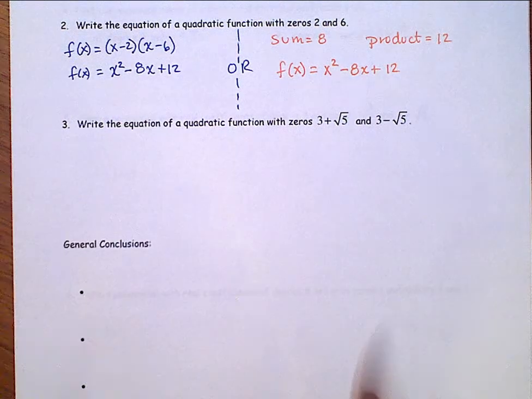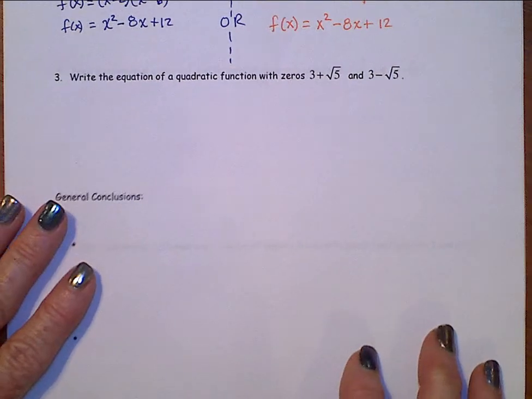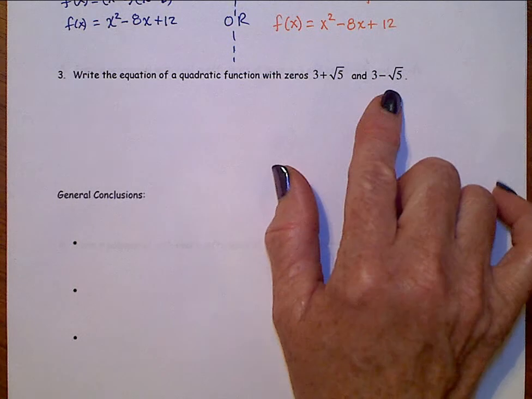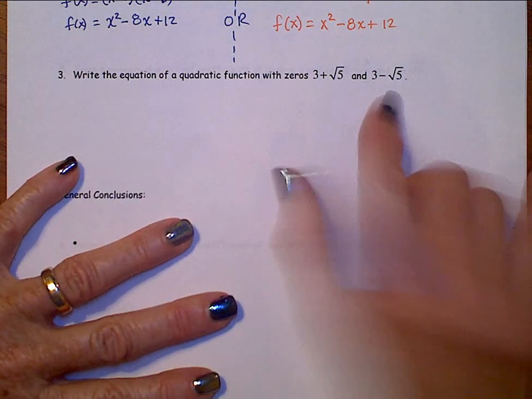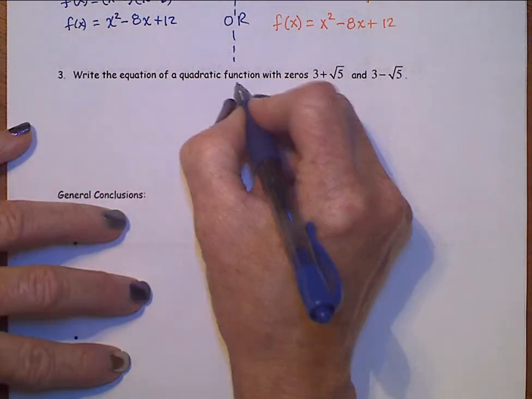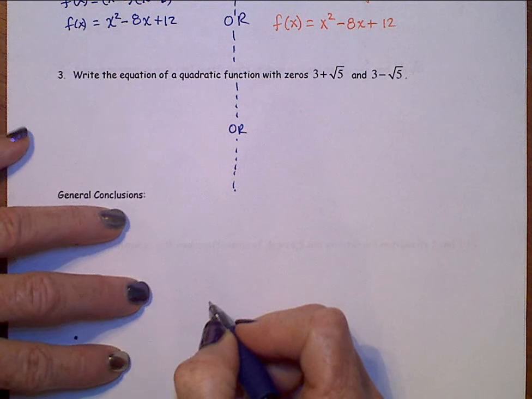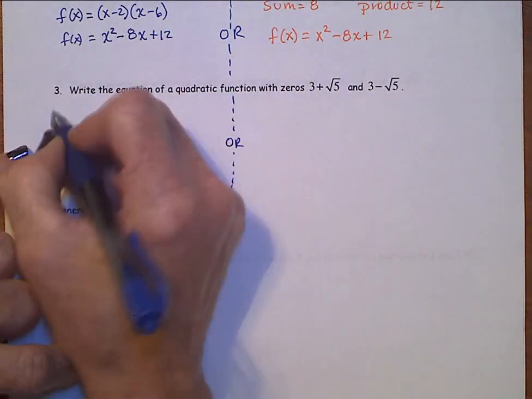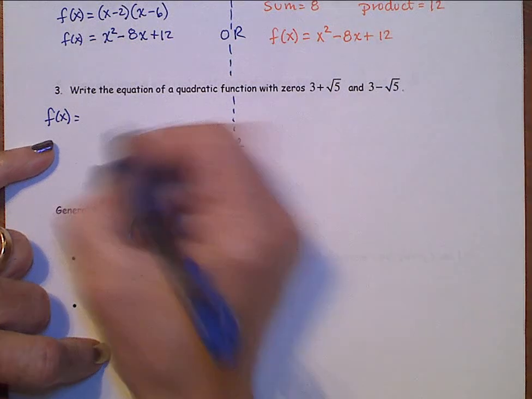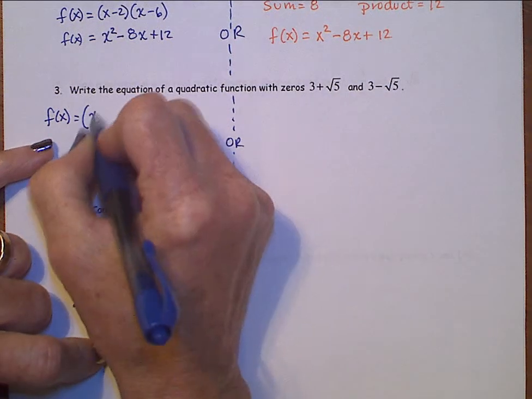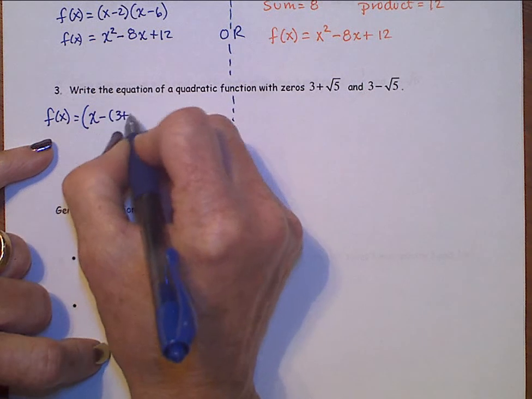Look at this next one though. I want you to write the equation of a quadratic function with zeros 3 plus the square root of 5 and 3 minus the square root of 5. So if we look at these 2 ways again and look at the difference between them, the first way is we would have to set up the factors for those. So that would be x minus this 0, 3 plus square root 5.